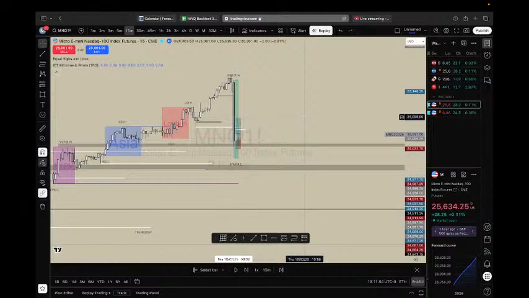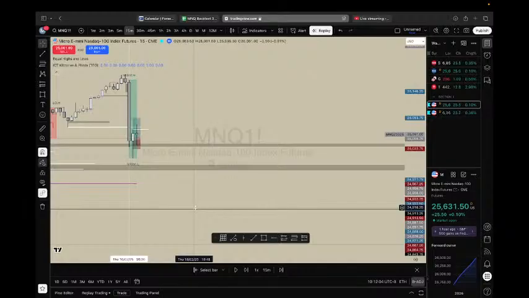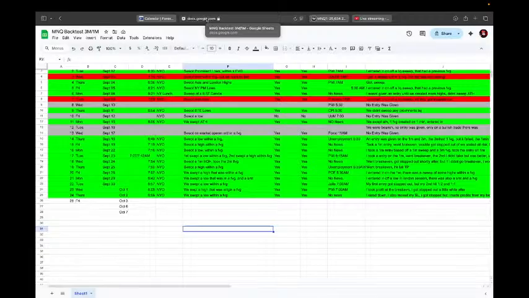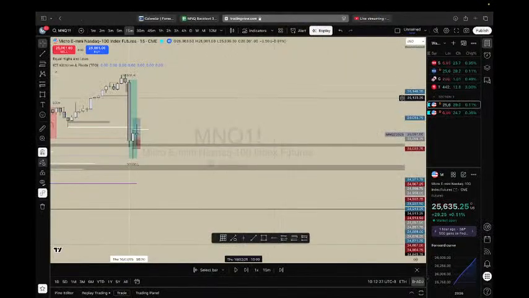After you get that liquidity sweep, that's hopefully within a 15-minute fair value gap, you want a fair value gap to form off of that liquidity sweep. Then you want to wait for that fair value gap to get inversed, and once it gets inversed, that's when you want to enter. That's really it.